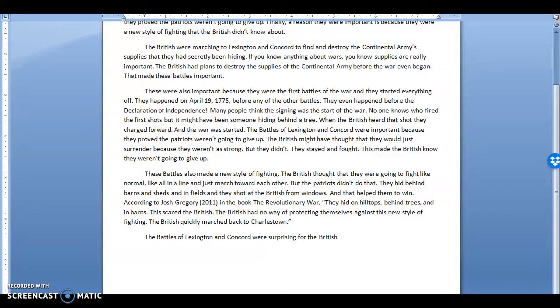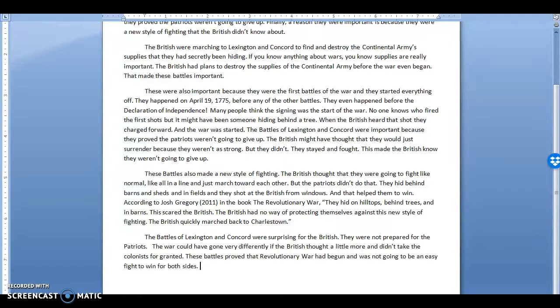Now I have to leave them thinking about something too, so let me write that. Okay, you can see that I read that. I left my reader thinking about something. I said the most important part. I restated it. And I had an ending that was a lot better than the first ending that I had in this. So I was happy to revise and make a new ending.